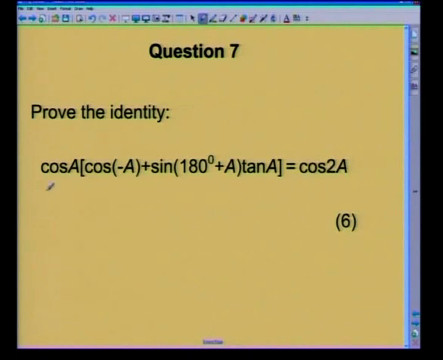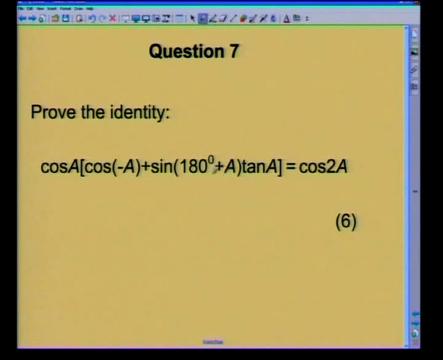Now, my advice to you is always start on the side with the worst angles. But if your other side has got reduction in it and tan in it, then start on the other side. So I'm going to start on this side, get rid of tan, get rid of these reductions. So on the left-hand side, I have got cos of 360 minus A. What do I know about this?